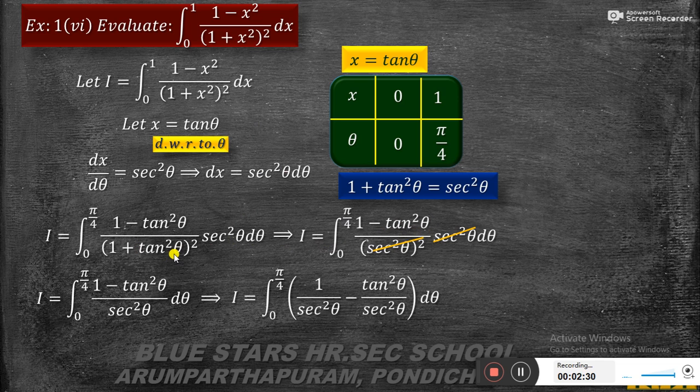Here 1 plus tan square theta means secant square theta, so we get secant square theta whole square into secant square theta, that is secant power 4. Secant square cancelled, so remaining (1 minus tan square theta) by secant square theta d theta.